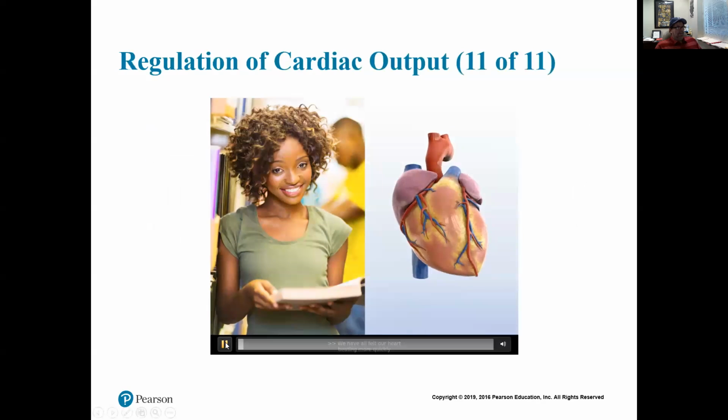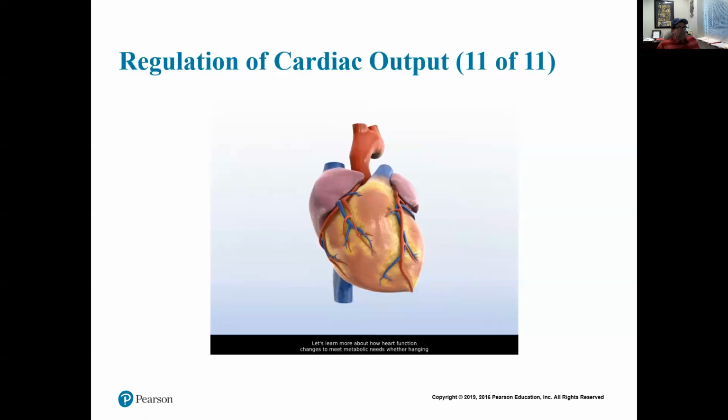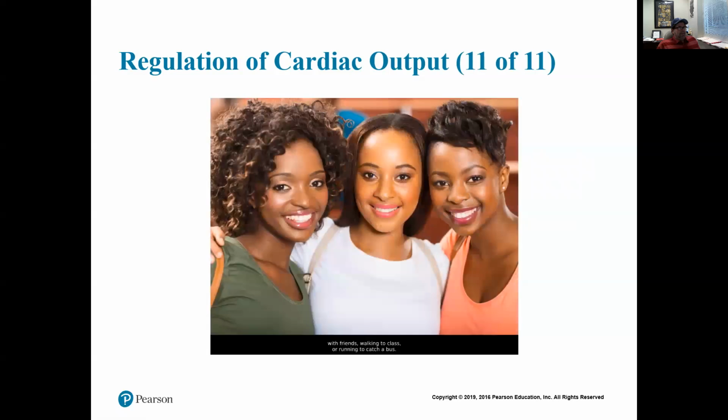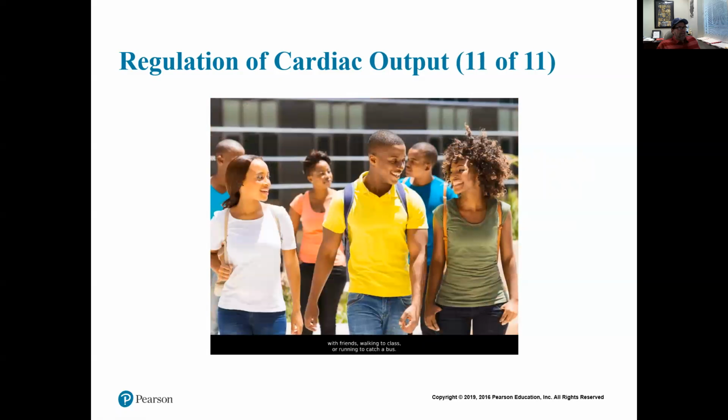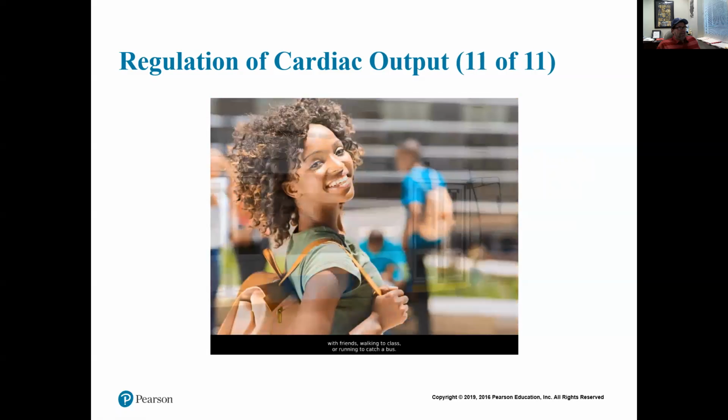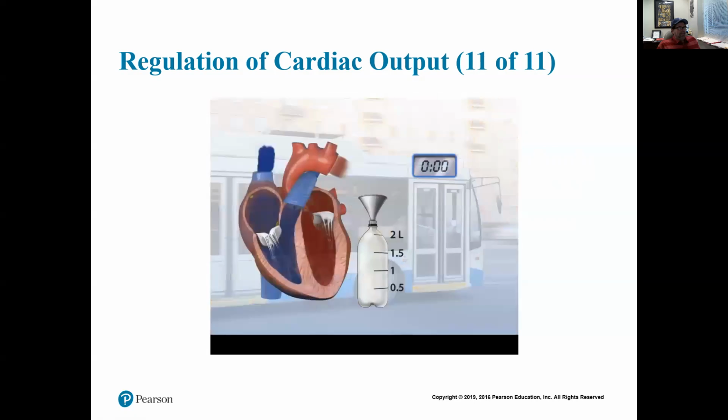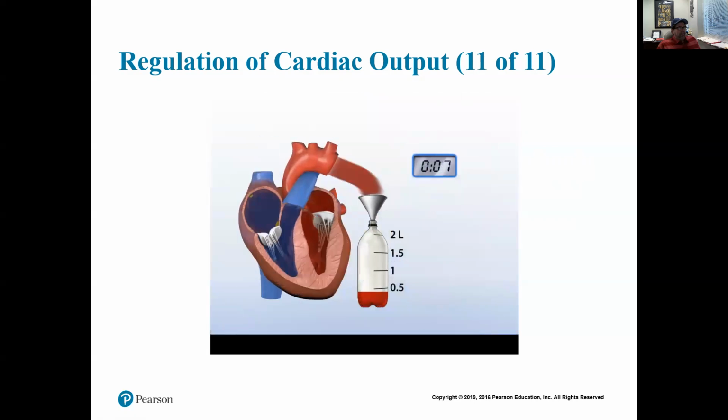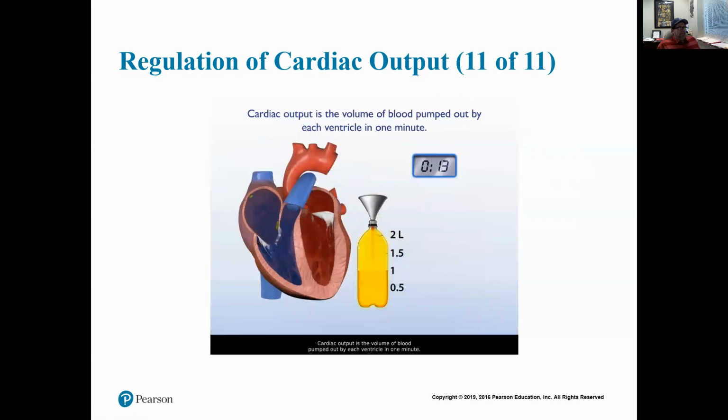We have all felt our heart beating more quickly or more slowly, depending on our activity. Let's learn more about how heart function changes to meet metabolic needs, whether hanging with friends, walking to class, or running to catch a bus. Cardiac output is the volume of blood pumped out by each ventricle in 1 minute.